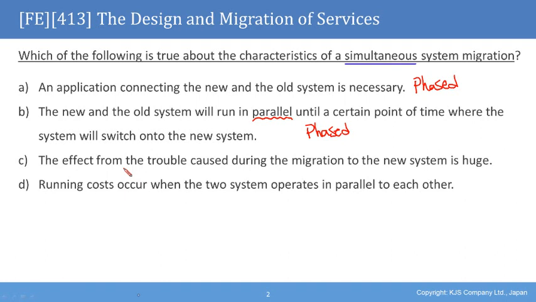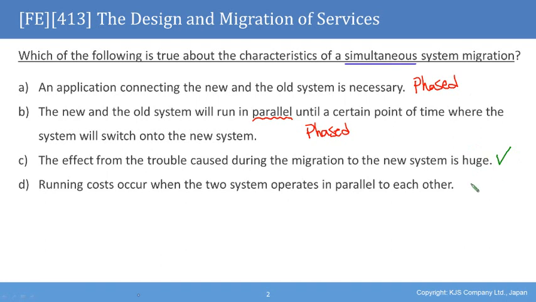Option C says the effect from the trouble caused during the migration to the new system is huge. This is absolutely true about the simultaneous system migration. We learnt that although the costs are lower in the simultaneous system migration, if you have even a small error, that could fault the entire system. And so this description is fitting of a simultaneous system migration. So this would be the option that we'd choose.